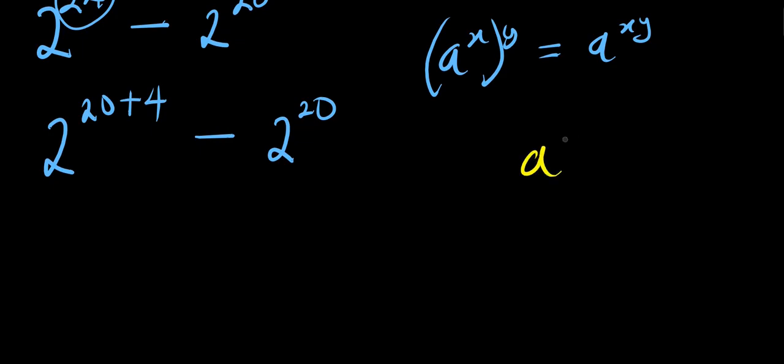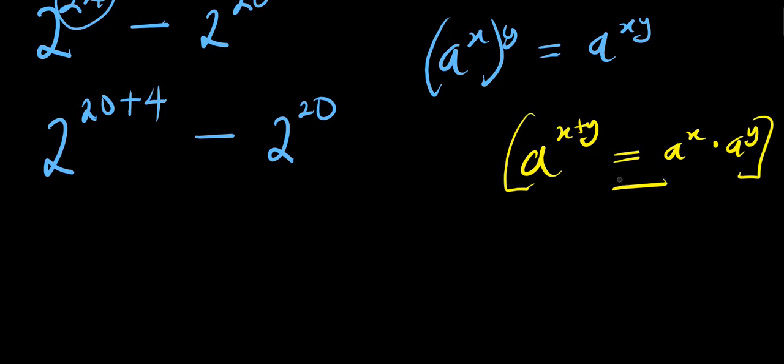If you have a power x plus y, this equals a power x times a to the power of y. Applying this identity here, you will have 2 to the power of 20 times 2 to the power of 4 minus 2 to the power of 20.